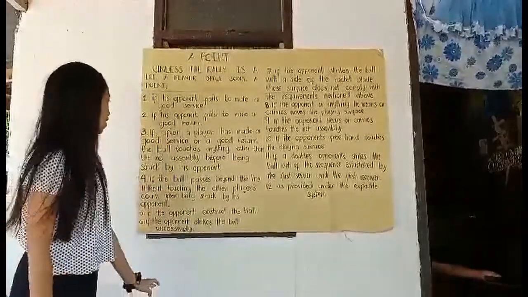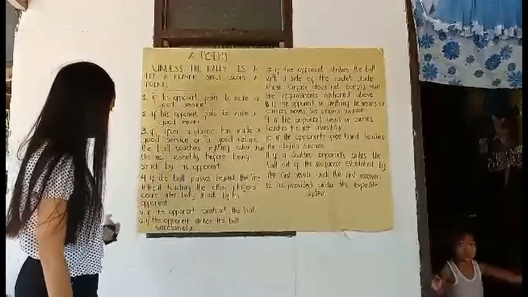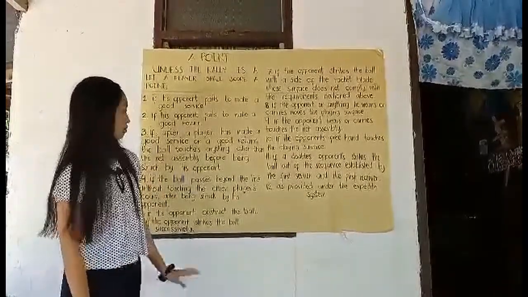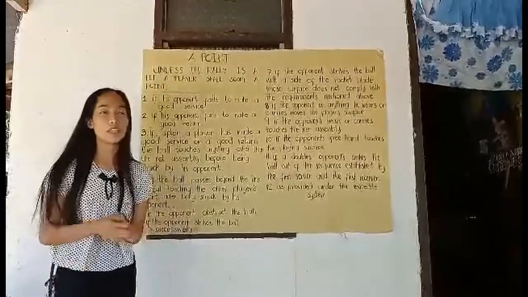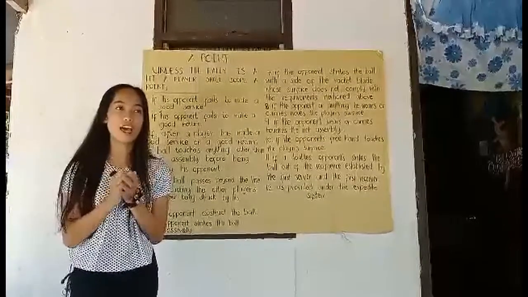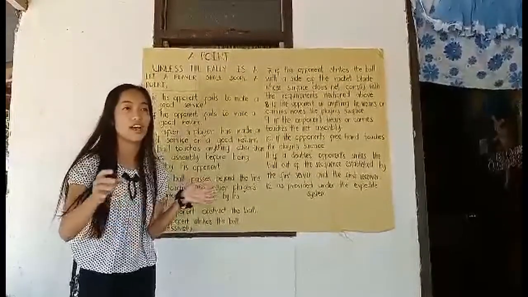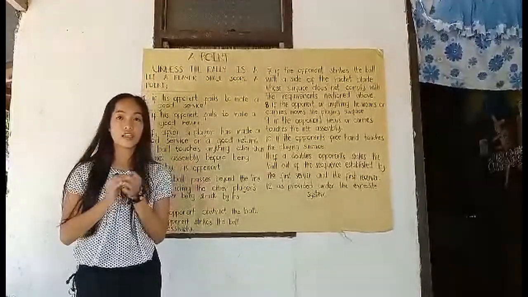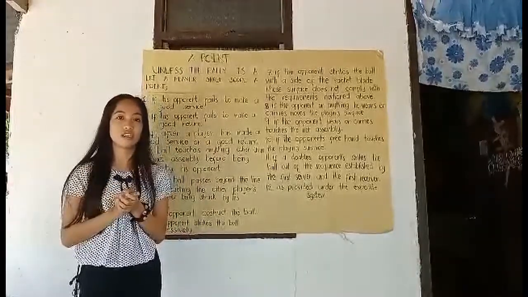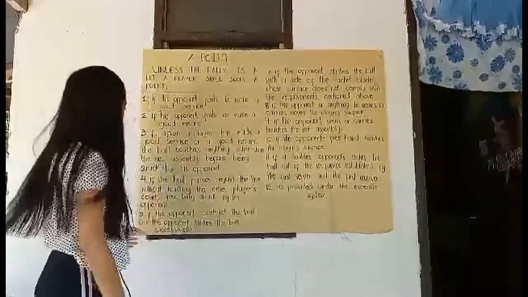If the ball passes beyond the line without touching the other player's court after being struck by his opponent. So, for example, I serve and then the ball does not bounce on my opponent's court and goes out, it is considered as my opponent's point.